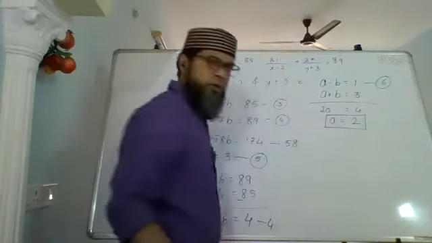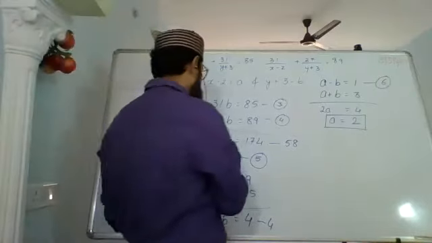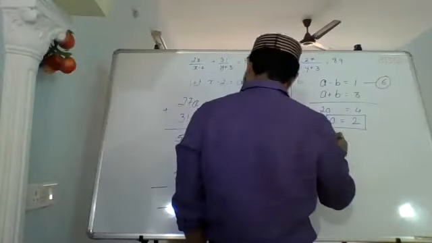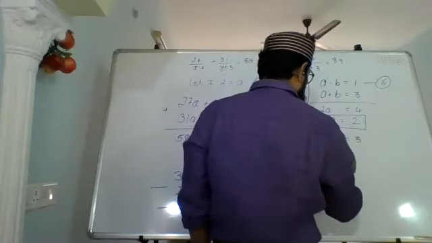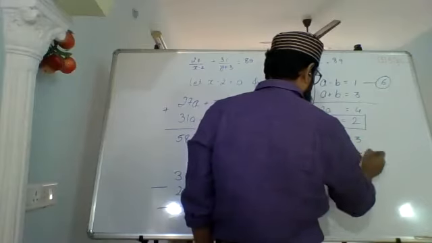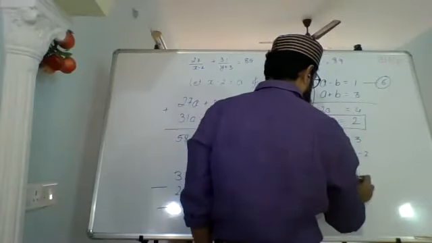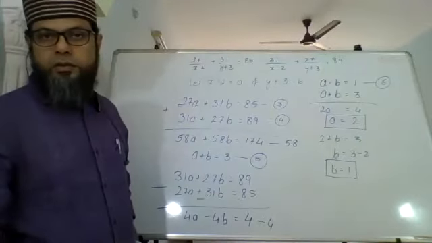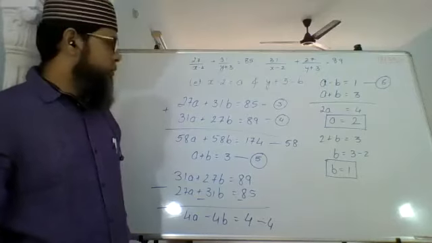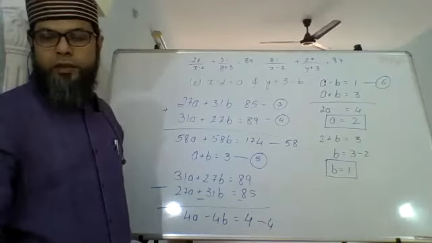Then substitute a equals to 2 in equation number 5. So 2 plus b equals to 3. Therefore b equals to 3 minus 2. B equals to 1. Till here you all have got it? A equals to 2, b equals to 1.